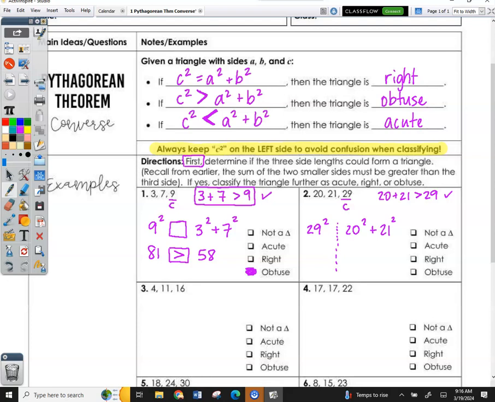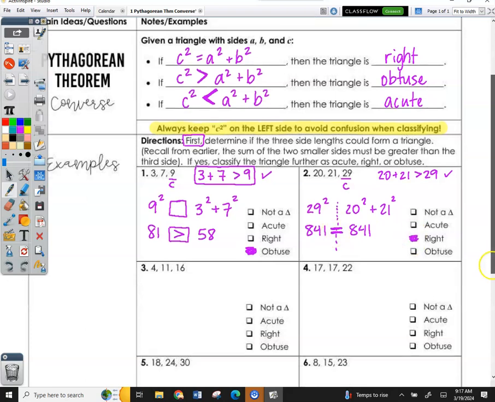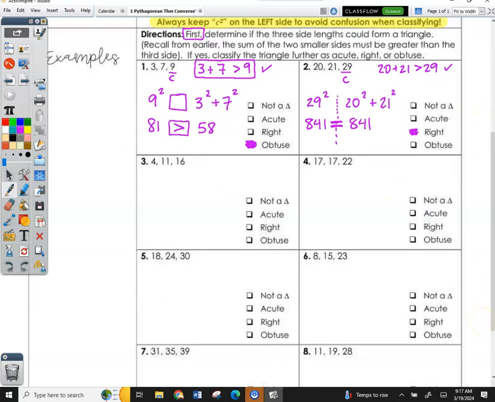I don't know these in my head, so you got 841, and then over here you got 841. So what do we know? It's a right triangle because those are equal, so I'll just come right here and put a big old equal sign. Does that make sense?